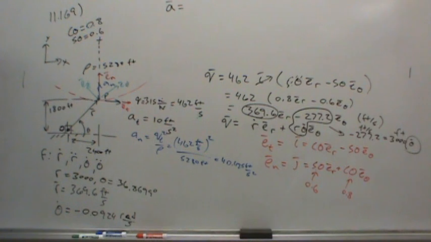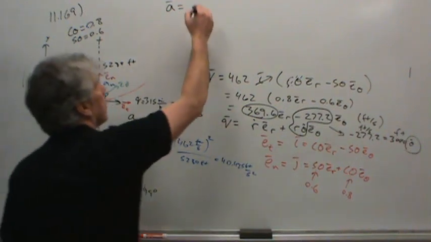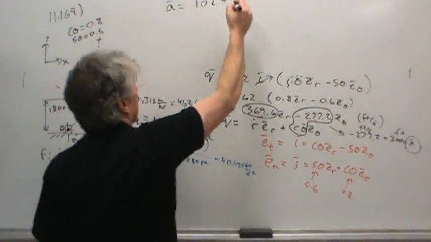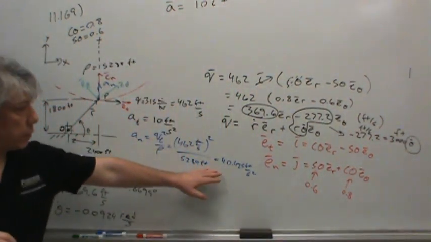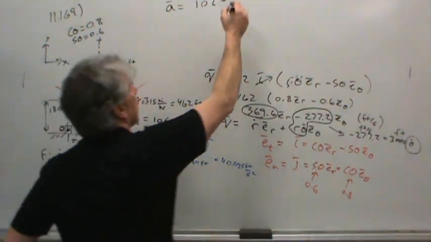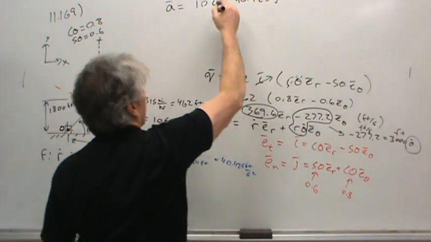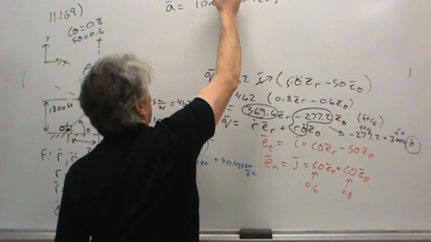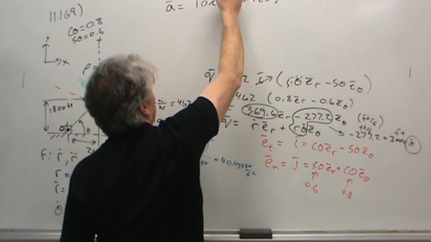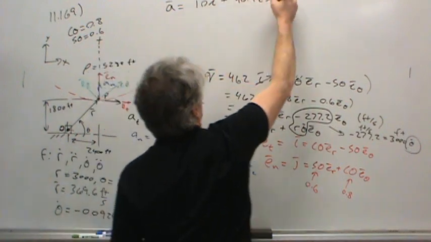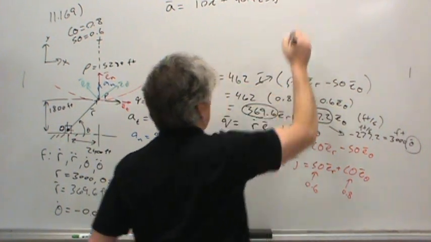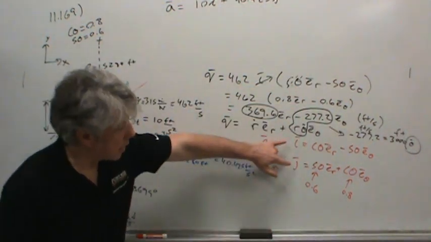I and J coordinates, yeah, we'll use I and J, that's fine. So 10I plus 40.425J, right? Now, of course, we could have said that this is the tangential direction, and this is the normal direction, but like I said, they're the same thing, right?